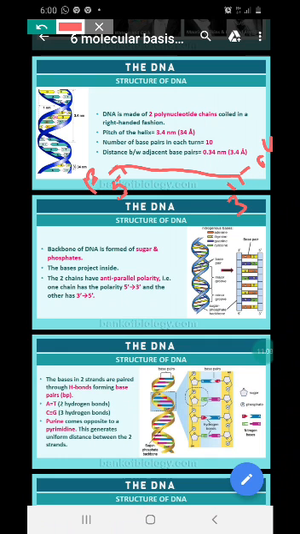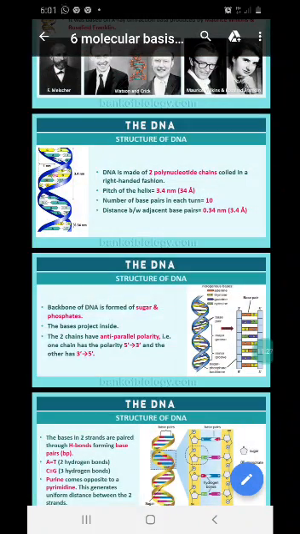Now you know that DNA is not a single-stranded molecule. It is a double-stranded molecule, and both the strands are polynucleotide strands.